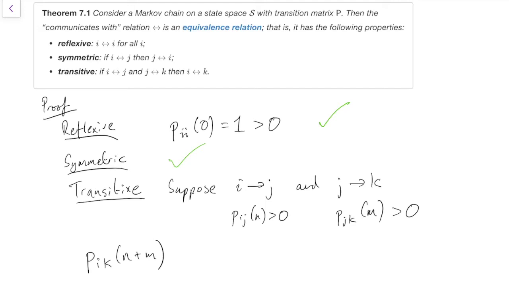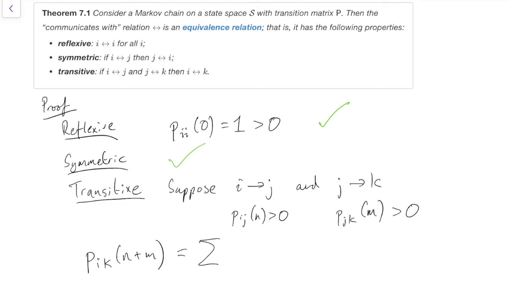Well, if you think back two sections of notes, back to section 5, we saw a result about things that look like p_ik(n plus m), didn't we? The result we saw was what we called the Chapman-Kolmogorov equations. Perhaps you need to pause the video and just go back and check what they were.